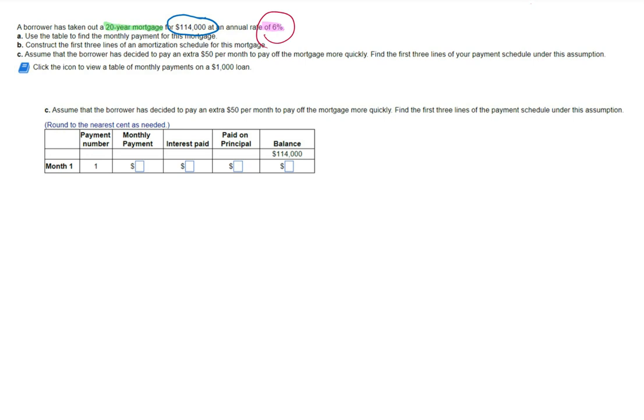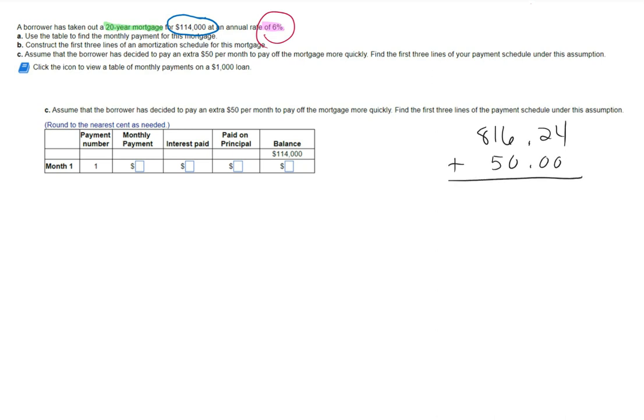Okay, for part C, it says assume the borrower has decided to pay an extra $50 per month to pay off the mortgage more quickly. Find the first 3 lines of the payment schedule under this assumption. Now, going back, their monthly payment was $816.24, but they're going to send in an extra $50.